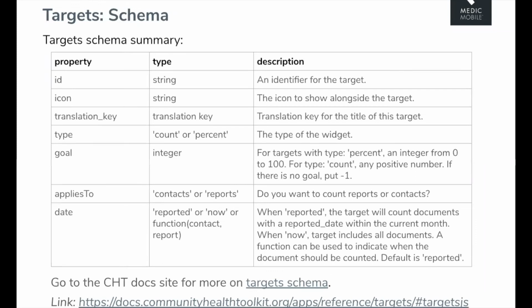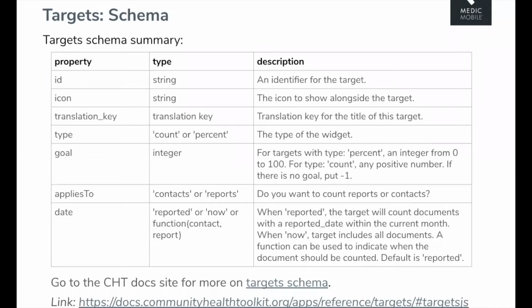So here we have a summary of the target properties that are commonly used. As I mentioned before, even with the tasks, there are additional properties that you could have. I've just picked a few common ones that we can talk about a bit. We have the identifier of the target, which is the ID property.